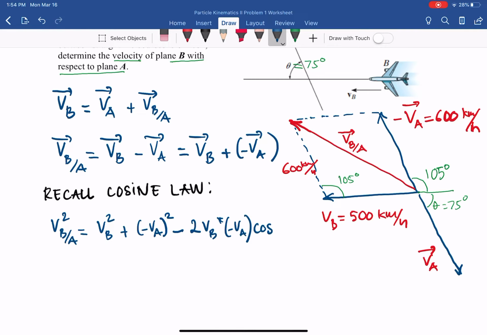We work on VB relative to A, and the opposite angle is 105 degrees.